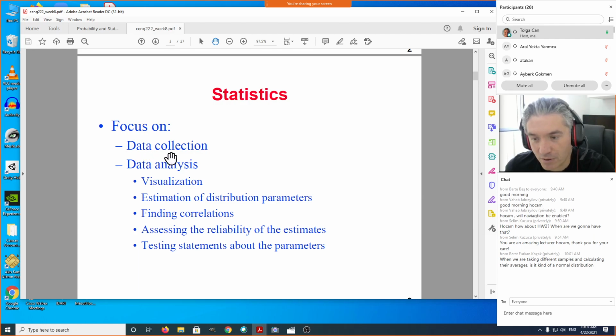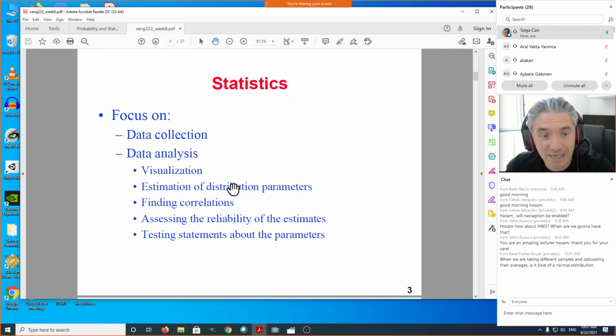So it's about collecting data, analyzing data. There are visualization techniques, estimation of the distribution parameters of the population, finding correlations between different data, finding correlations between parameters. There's also lots of application of this to finance, as you may guess.